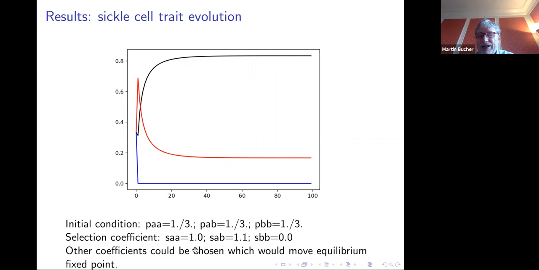These selection coefficients are a bit drastic, and I just adjusted them so that in 100 generations, or here a lot less, you approach an equilibrium. And you see that you get about 20% of the heterozygous genotype after some time, after an initial transient.